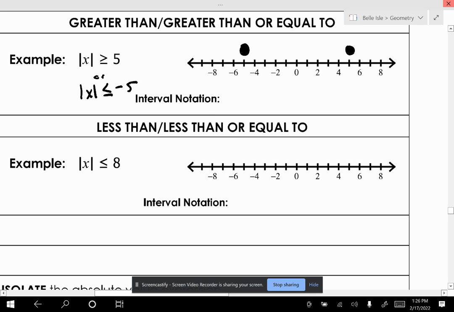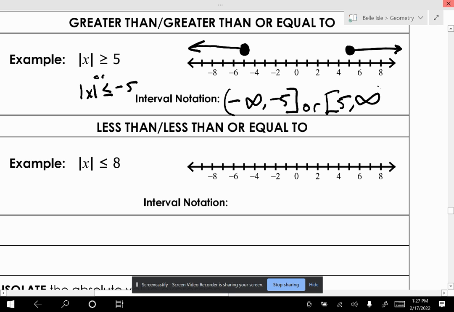We have x is greater than. We have x is less than. So how would you write your interval notation? Perfect. There we go. Don't forget your ors.